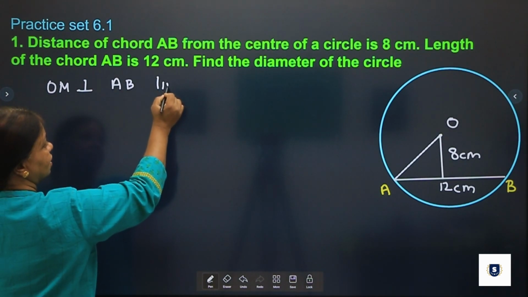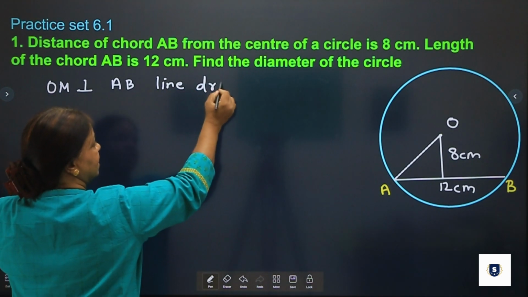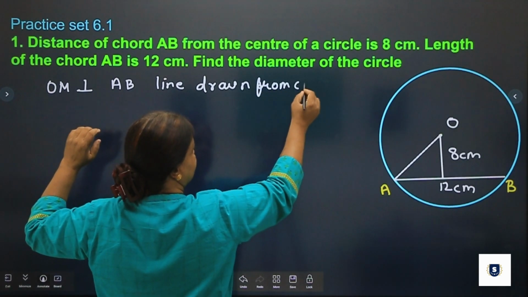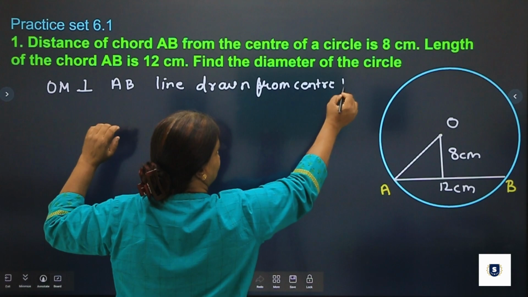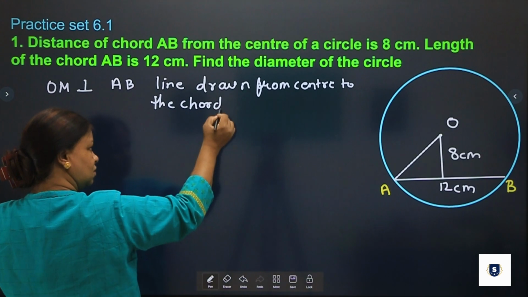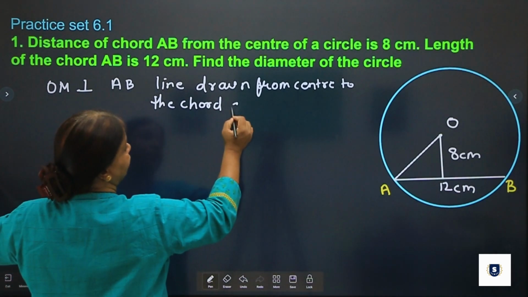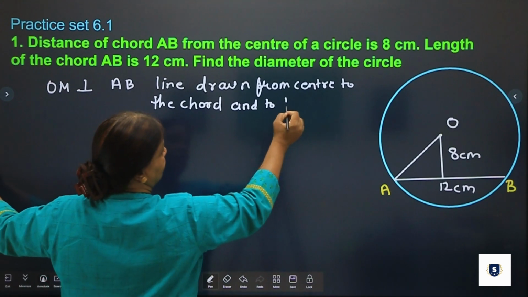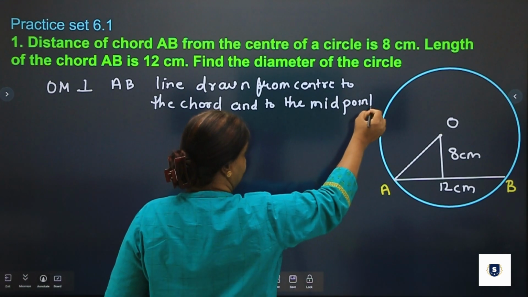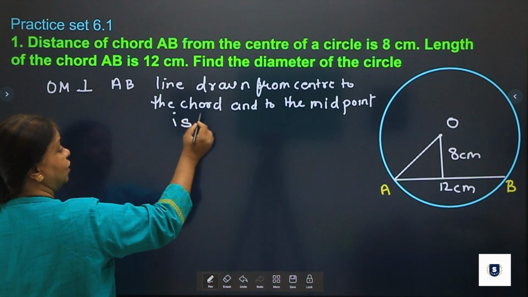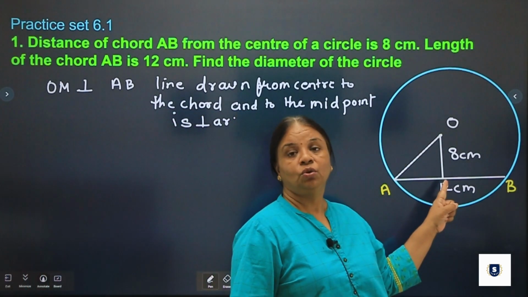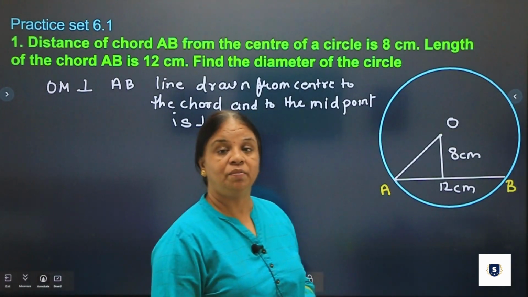A line drawn from the center to the midpoint of the chord is perpendicular. If you draw a line from the center to the midpoint of the chord, then that line will be perpendicular.